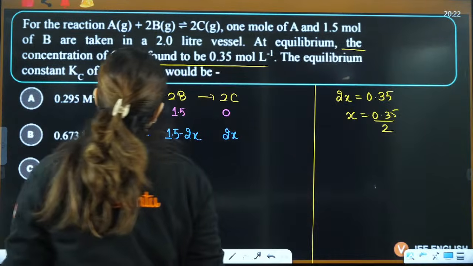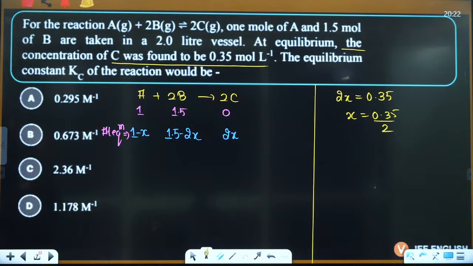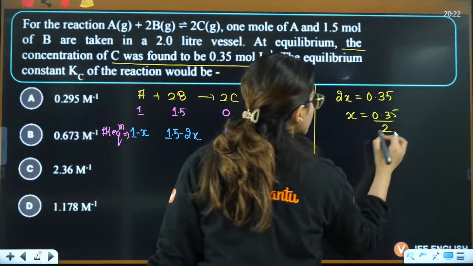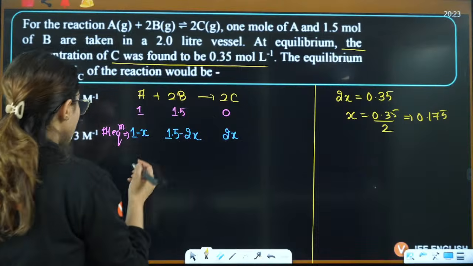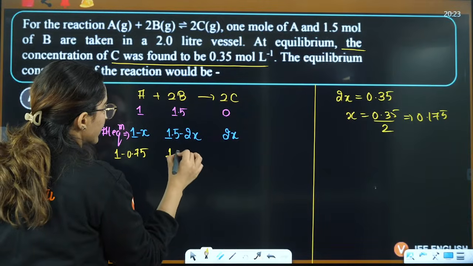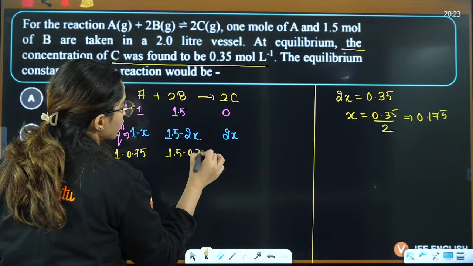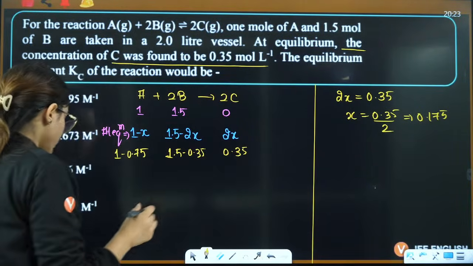Now here the calculation I feel is quite weird. I'll just use the calculator here. Okay, you should not use a calculator. 0.35 divided by 2 is 0.175. So x is 0.175. This will be 1 minus 0.175. This will be 1.5 minus 0.35, because the value of 2x is 0.35.